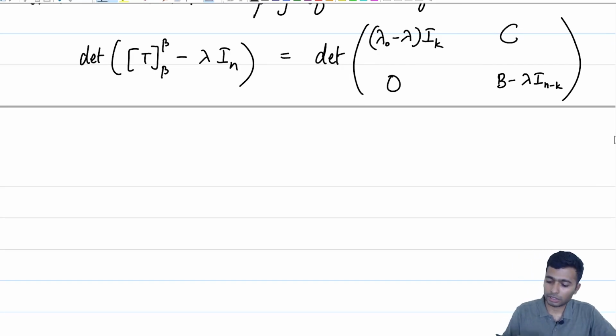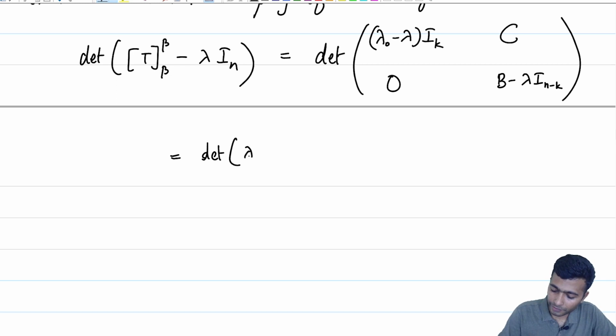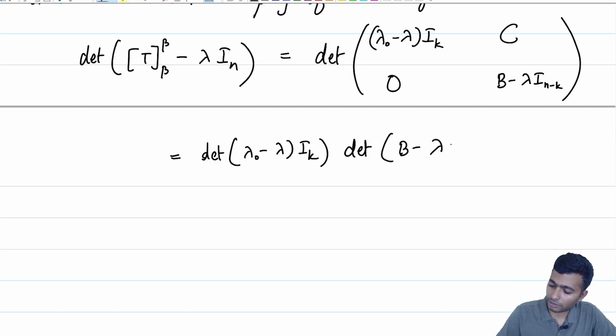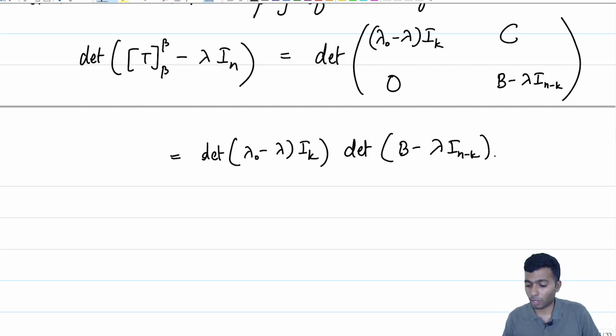By one of the exercises which was done in week 6, this is just going to be equal to the determinant of lambda naught minus lambda times I_k times the determinant of B minus lambda I_{n-k}, the determinant of block matrices.